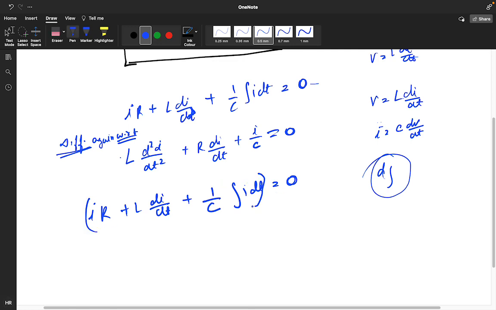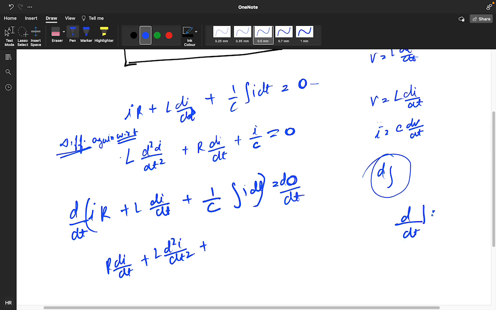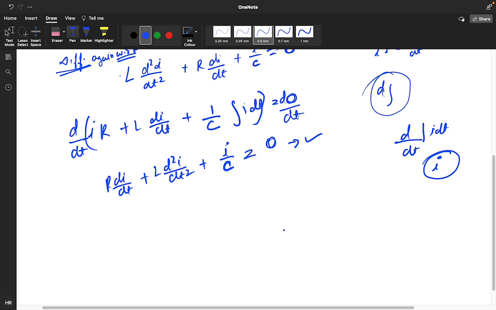If I differentiate this equation with respect to t on both sides, what will I get? R di by dt plus L d square I by dt square, and the differentiation of the integration of I dt gives I, so I by C is coming. The integration gets over, and here you get 0 only. Understood?